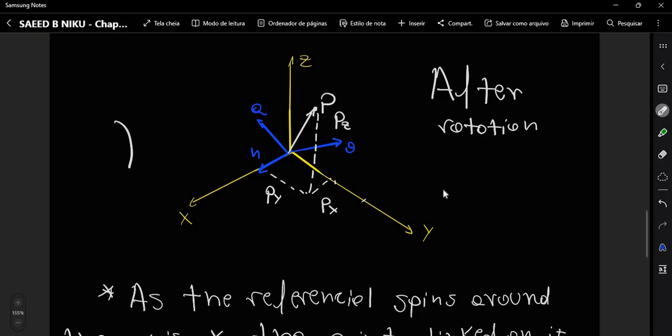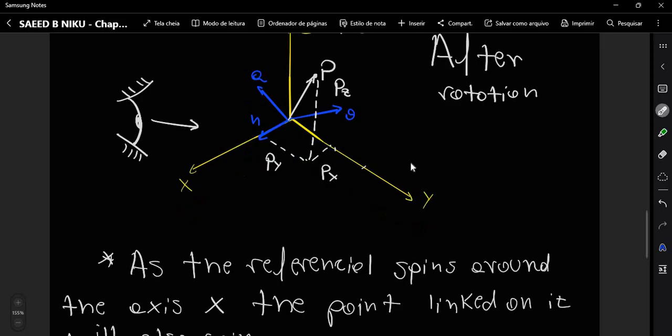Now, if you look in the direction of the X axis, if you are looking at this view, the axis X will not change, and we will see only the axes YZ.